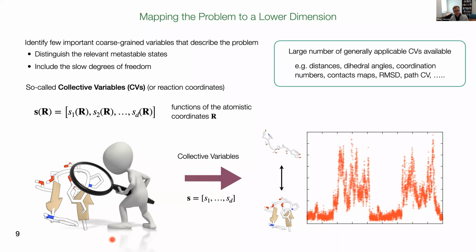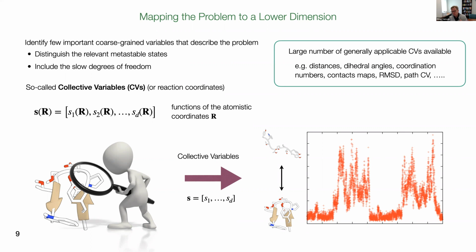You look at your system, try to identify some collective variables, define them, monitor them, and see if they can distinguish the different metastable states and so on. Normally this is quite an iterative process: you try different collective variables, see how they behave, try another set, and so on.